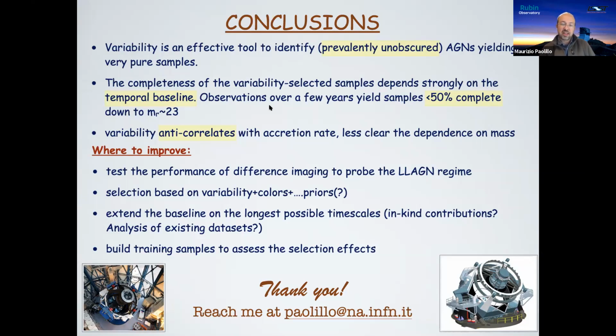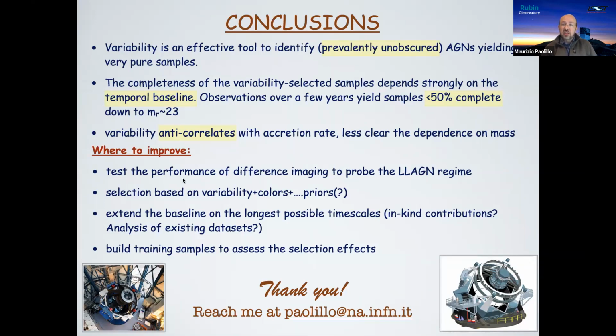And I think tomorrow Demetra will talk about some improvement that can be done with respect to what we've done in the past, which was a very simple approach, just looking at the RMS variability. And we have some tentative scientific results which are limited by the size of the sample.